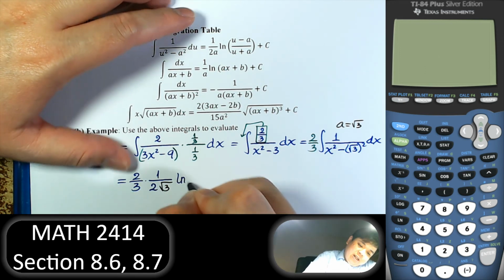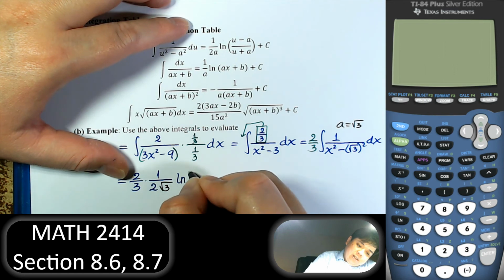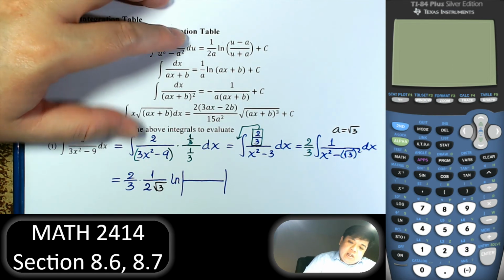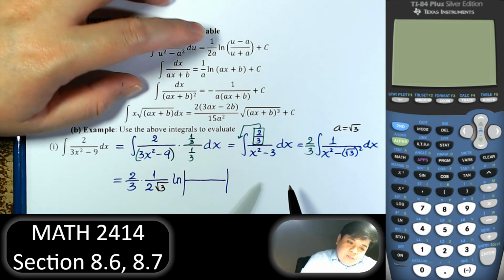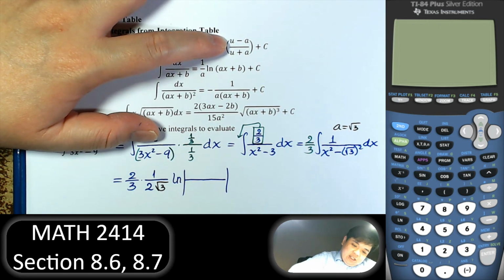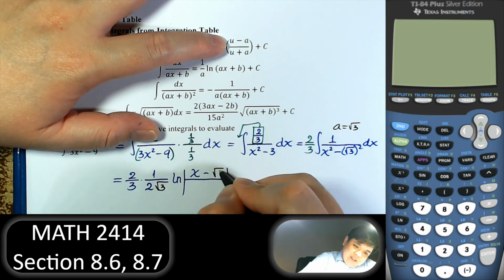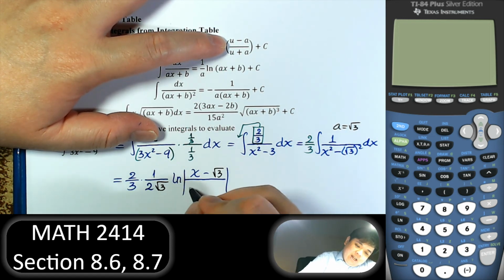And then ln of the absolute value of u minus a over u plus a.